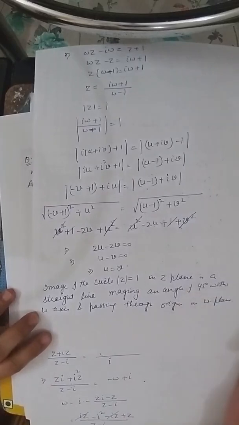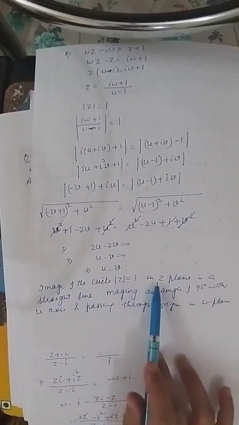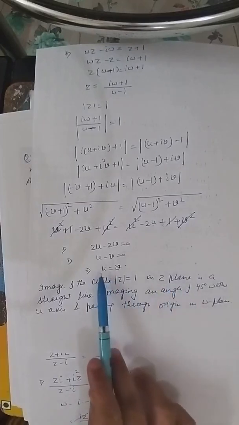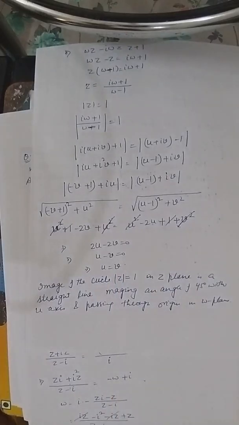Or you can also write that the image of the circle |z| = 1 in the z plane is the straight line u = v in the w plane. That's all. Thanks.